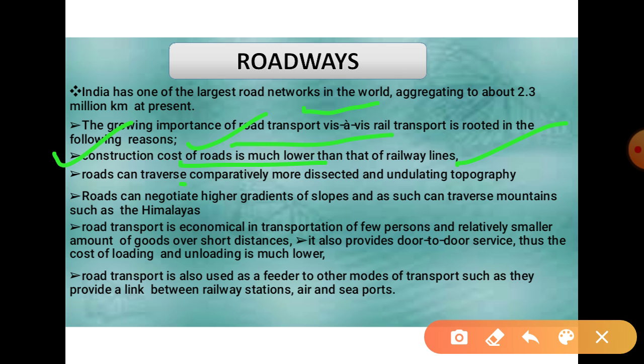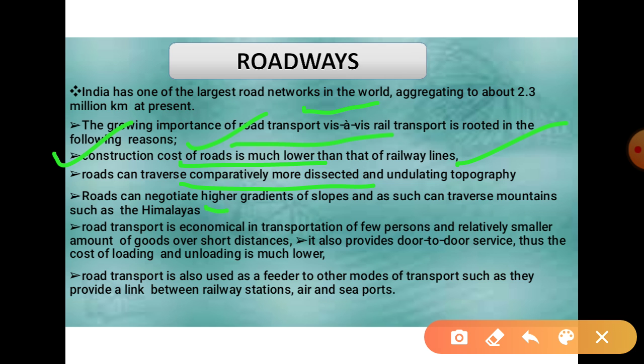Roadways can traverse comparatively more deserted and undulating topography. If the terrain is undulating, or there is a difference in the linear form of the terrain, it is easy to construct a road in comparison to settling a track for a railway.